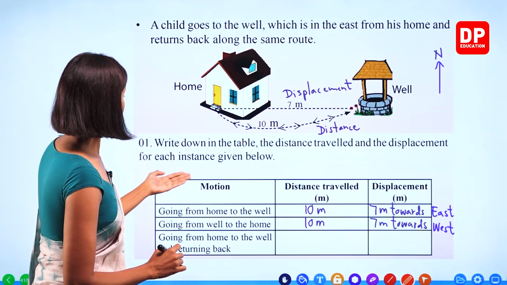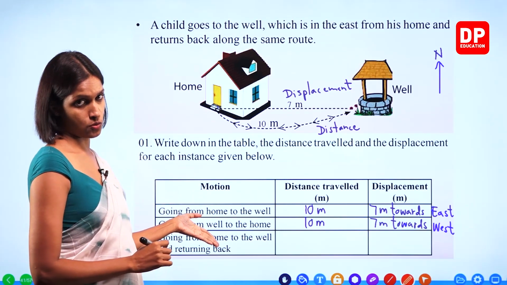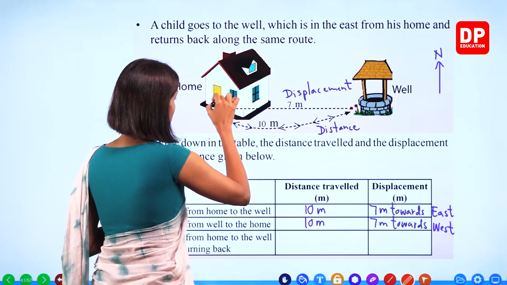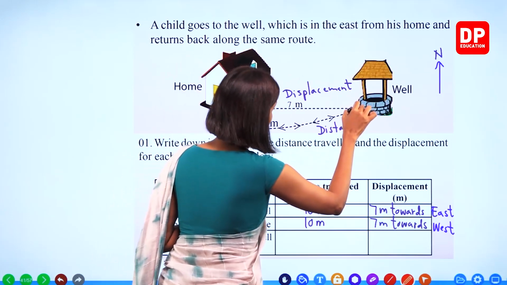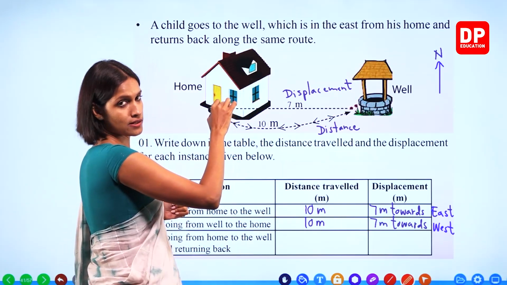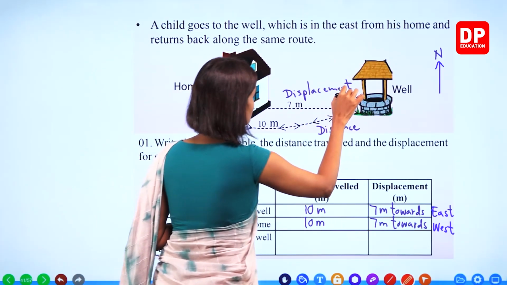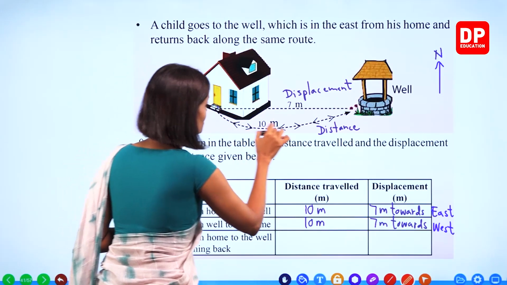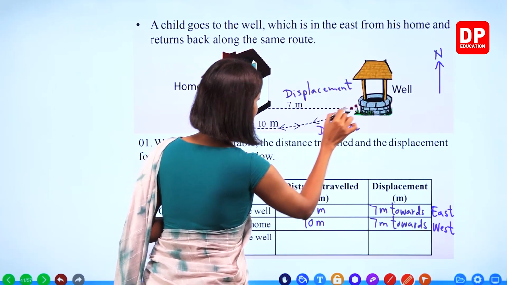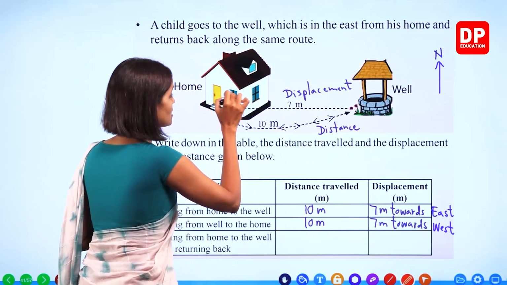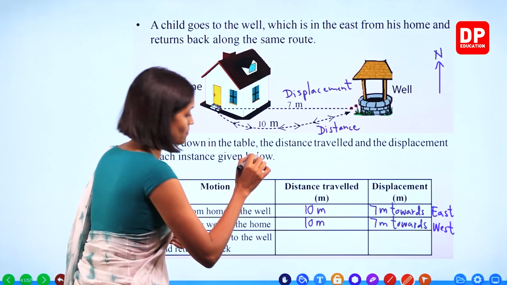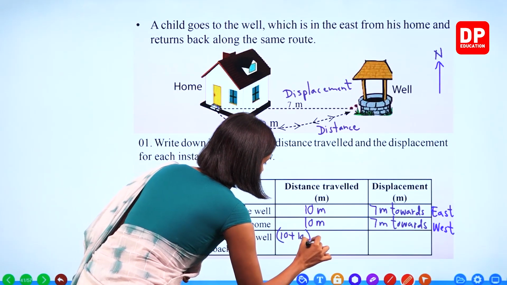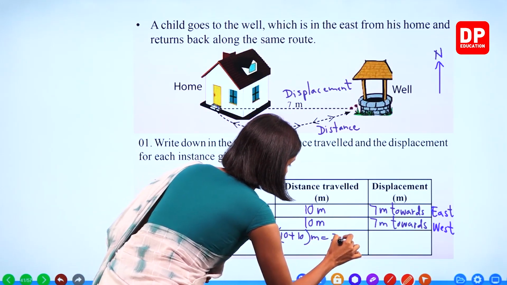Third one, going from home to the well and returning home, right? Now this is the start, going from home to well and coming back home. So when he goes from here to here, he goes 10 meters, and when he comes back, he comes another 10 meters. 10 plus 10, what is the answer? 20 meters.